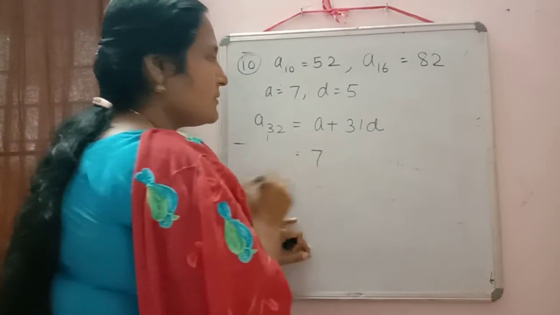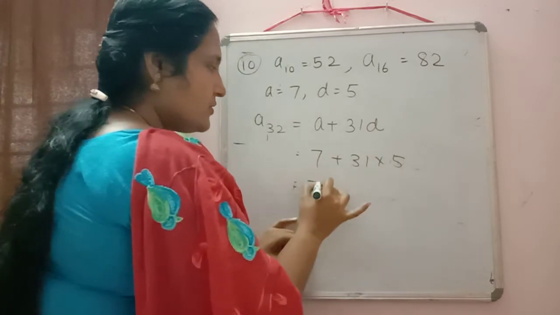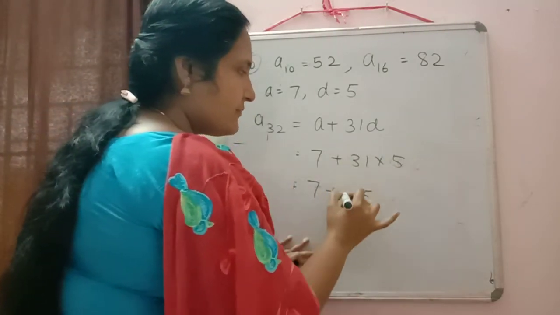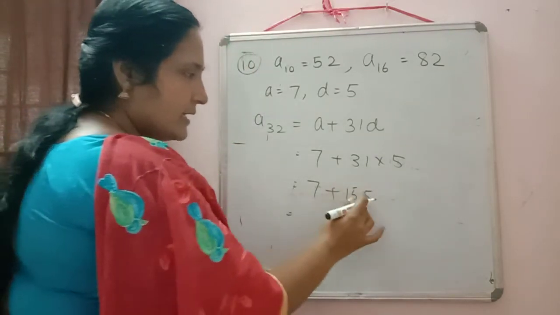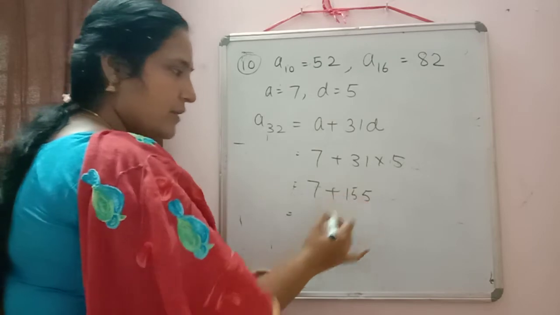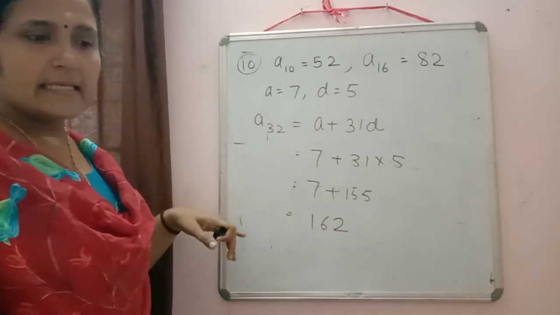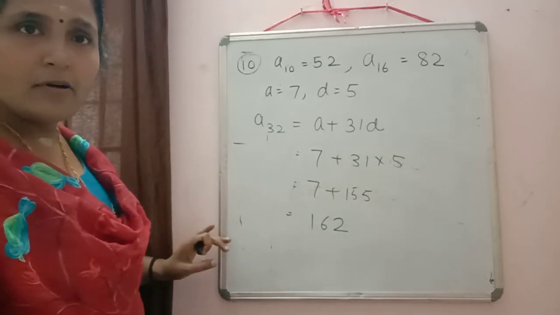Substitute the value now: 7 plus 31 into 5. So it will be equal to 7 plus 155, which is 162. The 32nd term is 162.